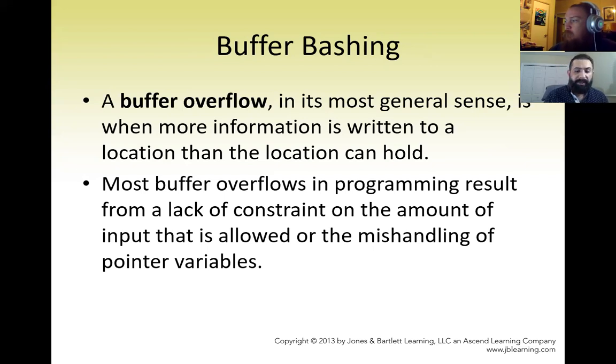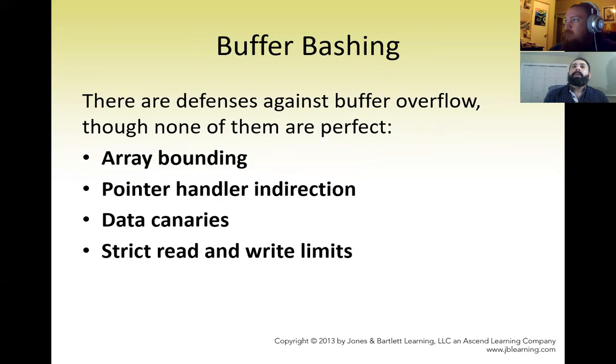How can I fix it? What do I need to do? There are defenses against buffer overflow, though none of them are perfect, like using an array rather than a variable. What is the meaning of an array? Now I can have an array that has, say, 9 locations where I can store data. Maybe I will store 2 or 3, but I have many more.